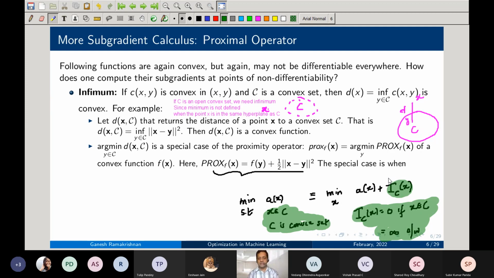The special case is when, for example, if this is a prox function. A special case is when you basically take the indicator function. So this prox can be thought of as a surrogate or approximation to the indicator function. Instead of saying indicator, I'm saying okay, f(y) plus 1/2 ||x minus y||.